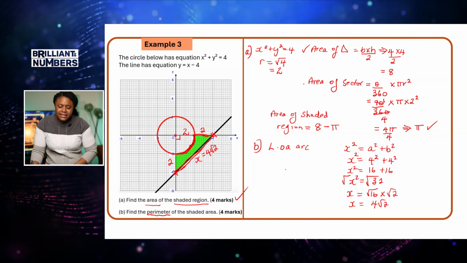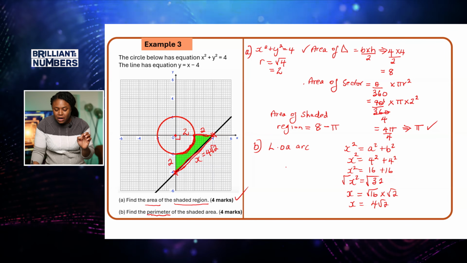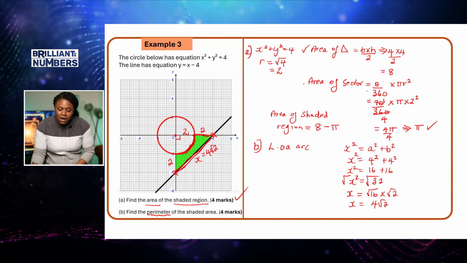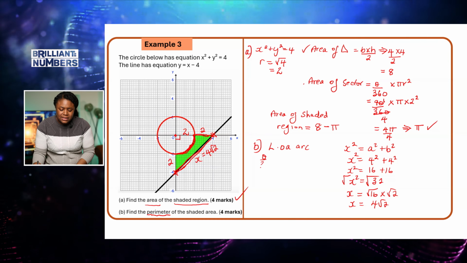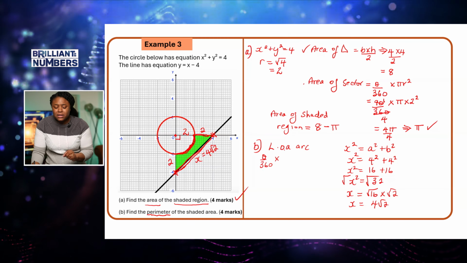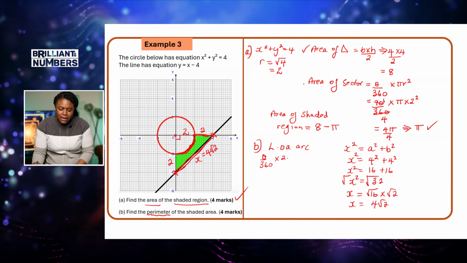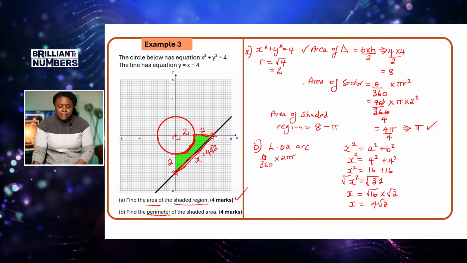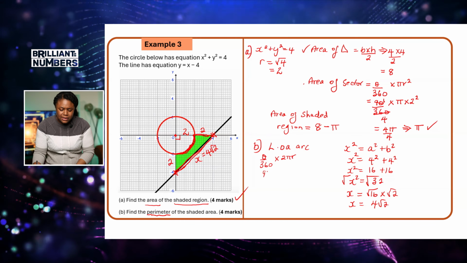So last thing I need to do before adding everything together is finding the length of the arc. So the length of the arc begins with the same formula here, theta over 360 times, this time not the area formula, but the circumference formula, which is 2 pi r. So I'm going to substitute. I know my angle here is 90, so I'm just going to put 90 over 360.